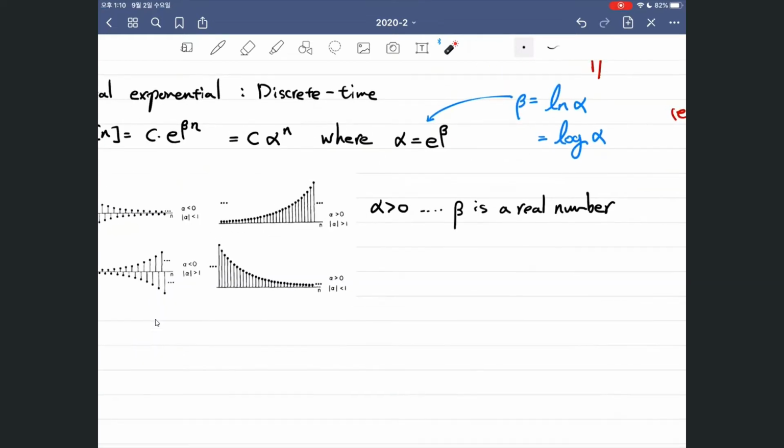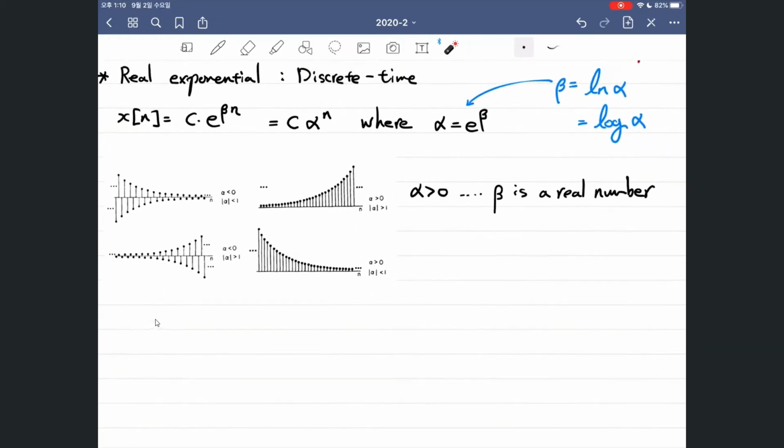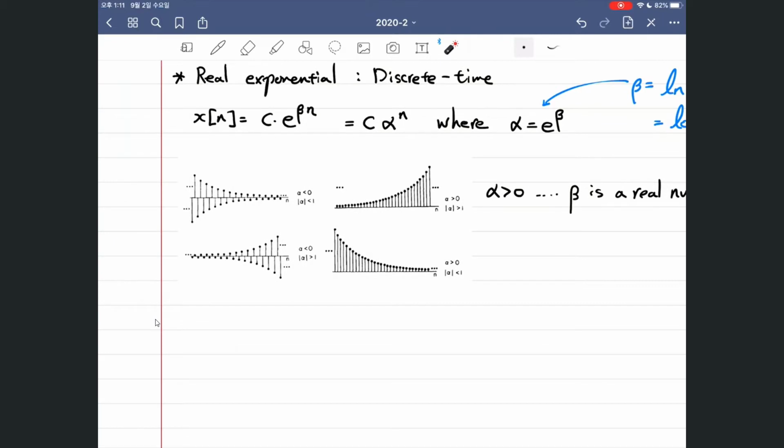So if alpha is bigger than 0, it is about these right hand side graphs, and depending on the value of alpha, if alpha is bigger than 1, then it is a growing function, and if alpha is smaller than 1, then it's a decaying function, similar to the continuous time case.